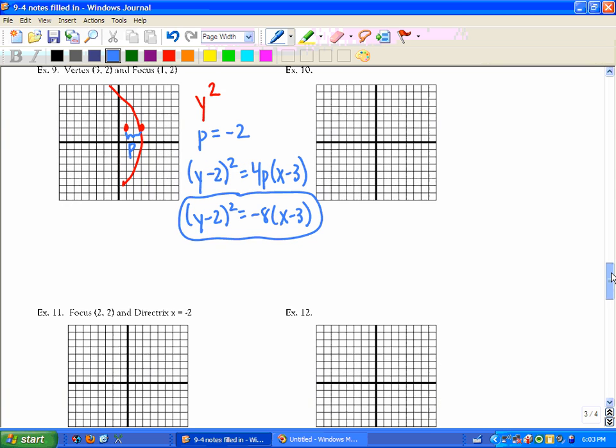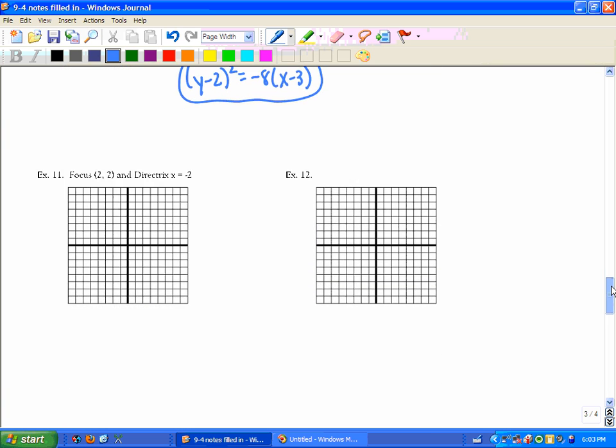Another version of this is example 11 here. So if the focus is at 2, open to the right, because the directrix is kind of like an asymptote, it never crosses it. So if it's going to open to the right, that means it's a y-squared.